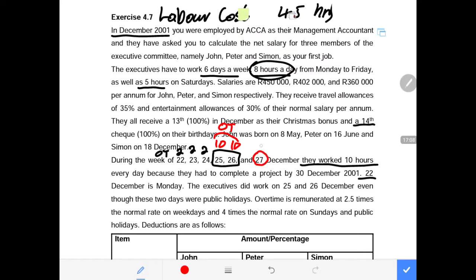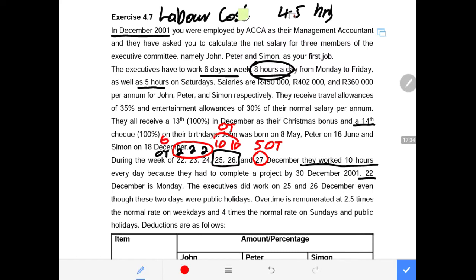We know that on Saturday, these employees are supposed to work 5 hours. That means the 5 hours on Saturday will be overtime. Another 5 hours on Saturday will be only normal hours. Remember, we're only calculating overtime. So we have 2 plus 2 plus 2, which is during the day Monday to Friday. Normal days, they work a total of 6 hours overtime.